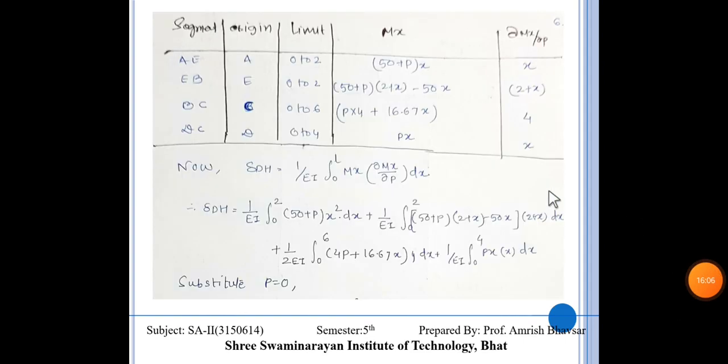Now for this case, again we have to make the table: segment, origin, limit, Mx, del Mx upon del P. The segments are AE, EB, BC, DC, with origins A, E, C, D, and limits 0 to 2, 0 to 2, 0 to 6, 0 to 4.